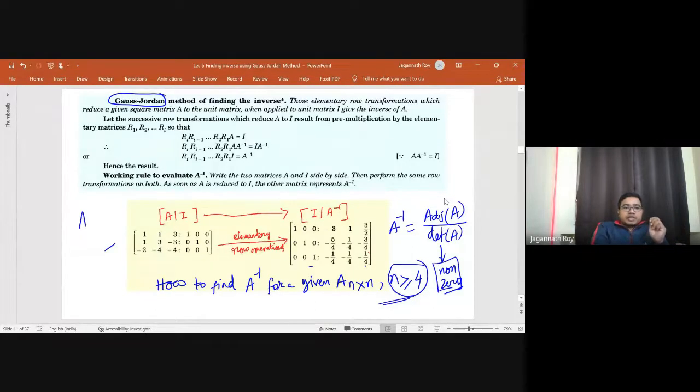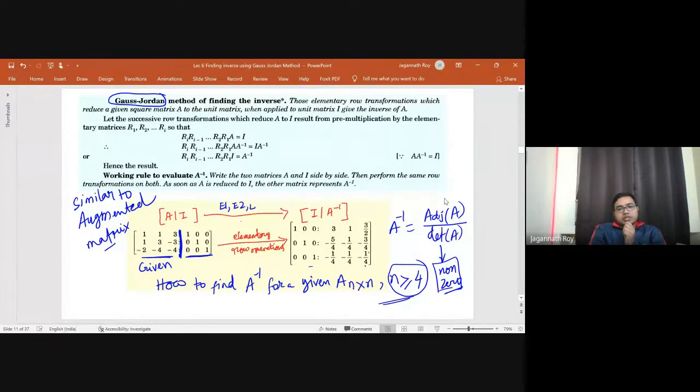Similar to the augmented matrix, we put the given matrix on the left and, of the same order, an identity matrix on the right, and we do row operations, either E1, E2, or E3, that we have seen.